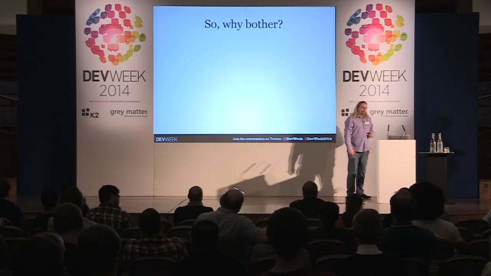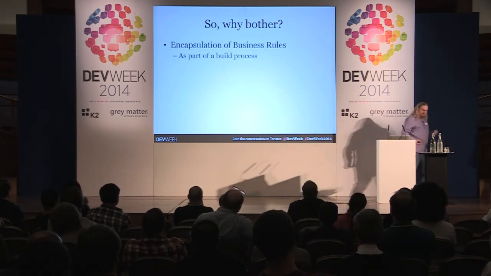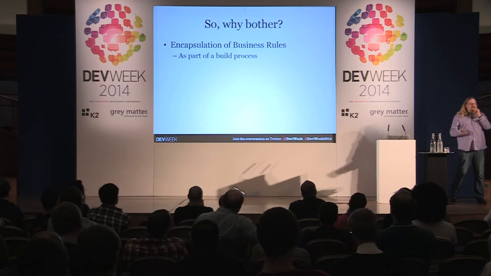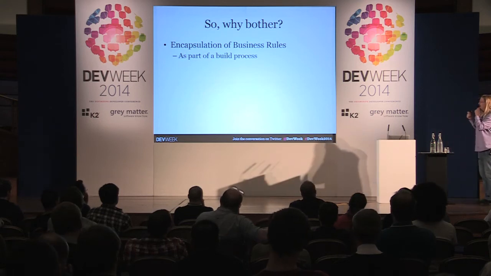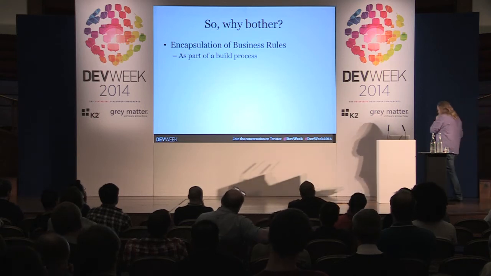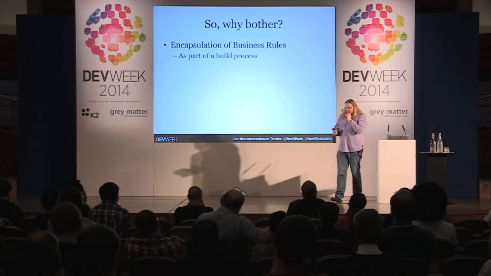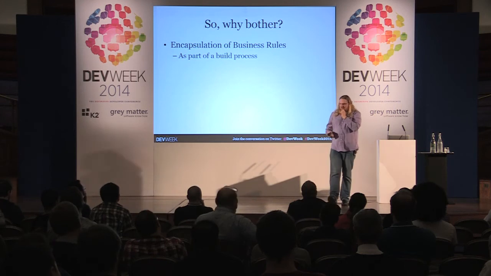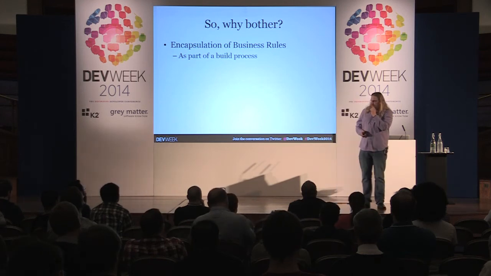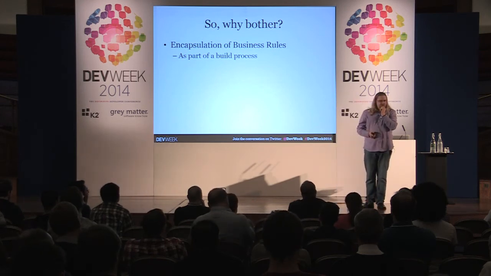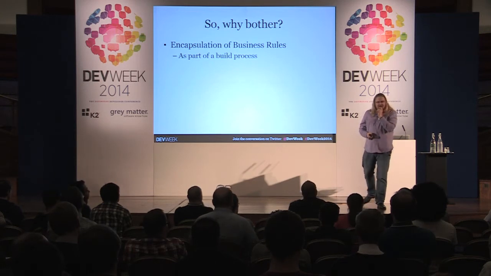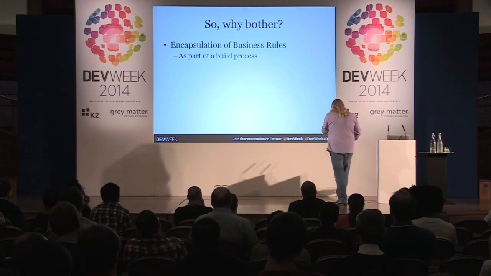why bother? Well, as I've said, how about encapsulating your business rules? How about encapsulating business rules as part of a build process? How many times have you written software that is used by multiple clients that only really differs by configuration? No one? Lots of people? I see a few heads nodding. I've certainly done this.